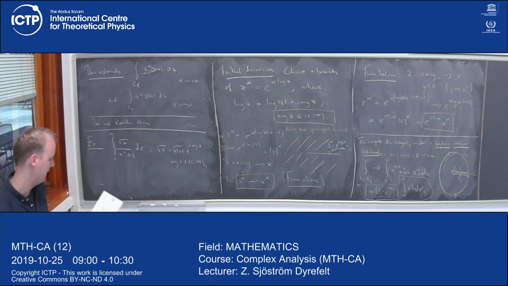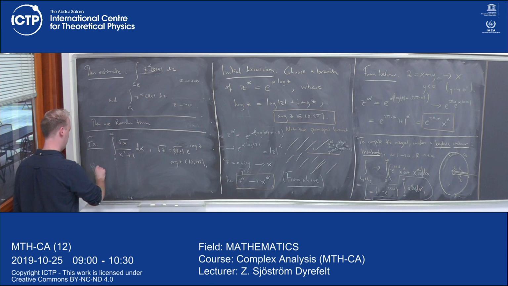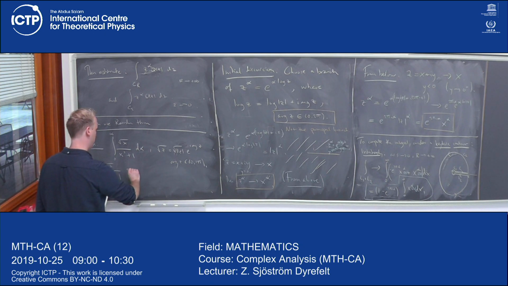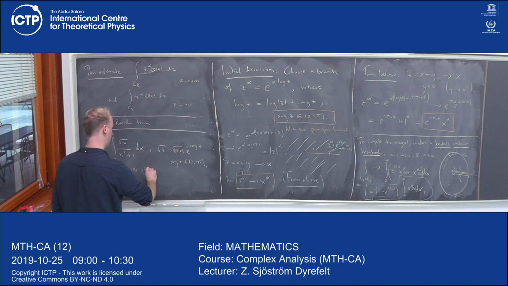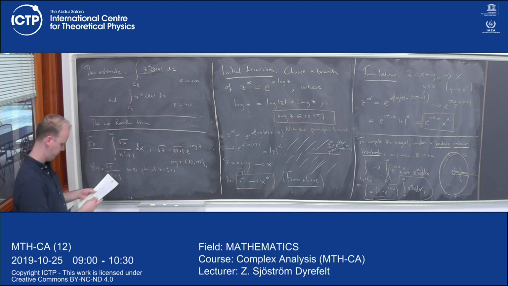We consider the keyhole contour. Then we consider f of z, which is square root of z with this one I just defined, over z squared plus 1. This has simple poles at z equals plus or minus I.